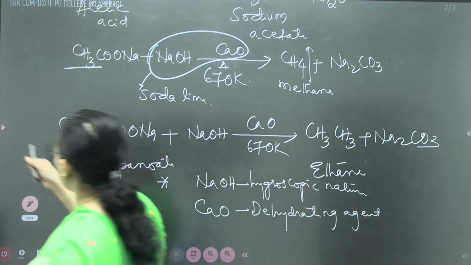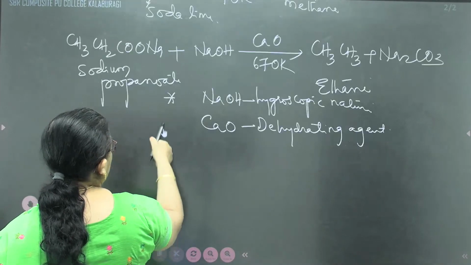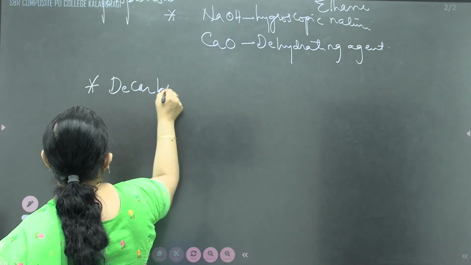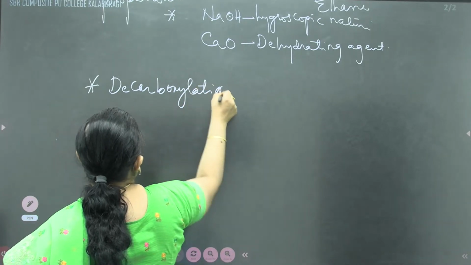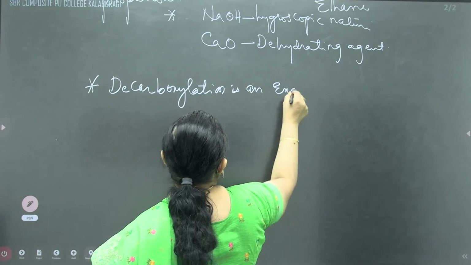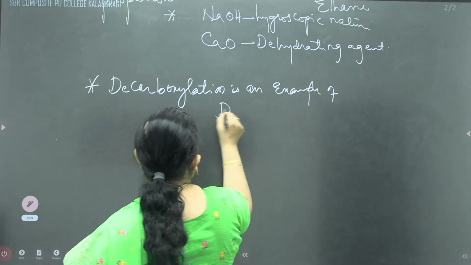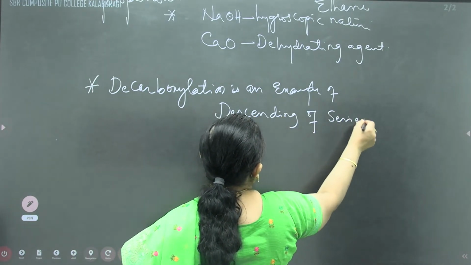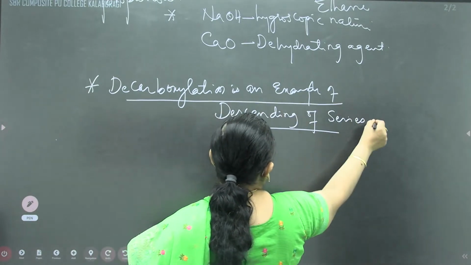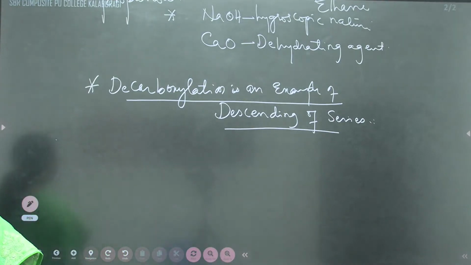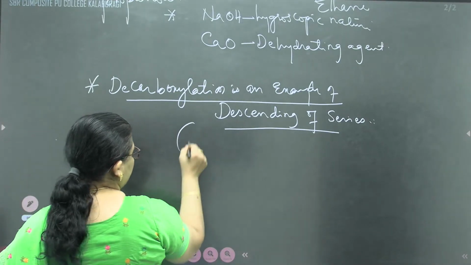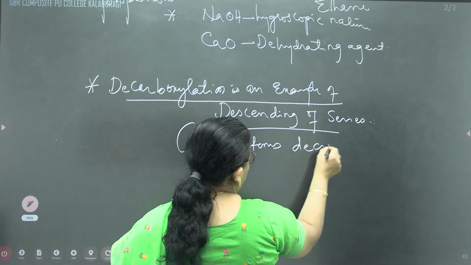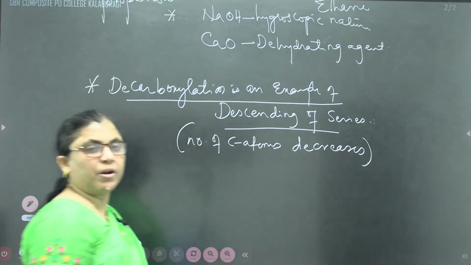Then here I'll write that decarboxylation is descending of series, where the number of carbon atoms decreases.